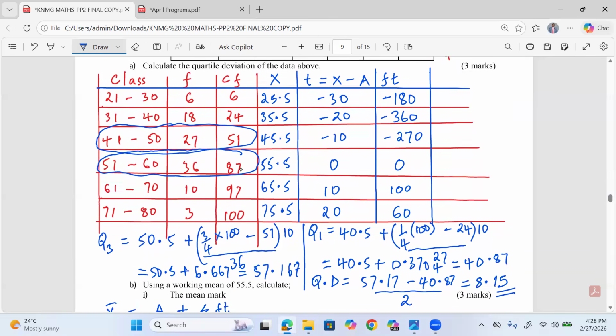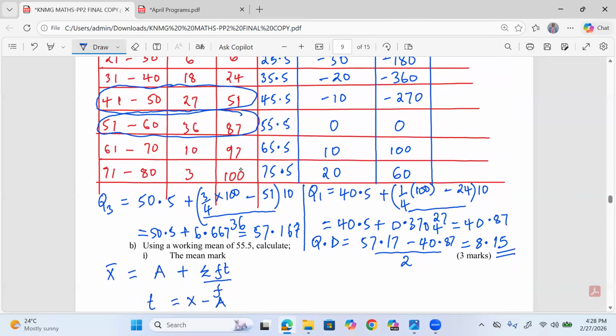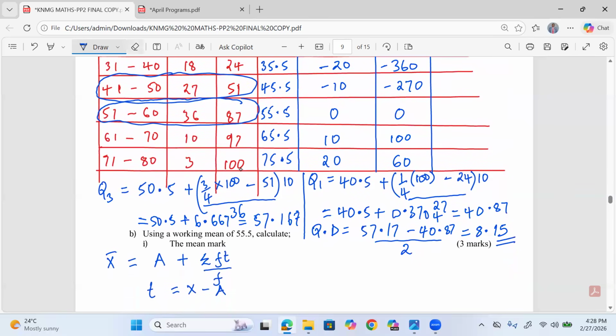So we can get the sum of all the deviations now. Allow me to rub this one because we've already worked it out. Yes. Like that. So the summation of all the ft, what will this give us?